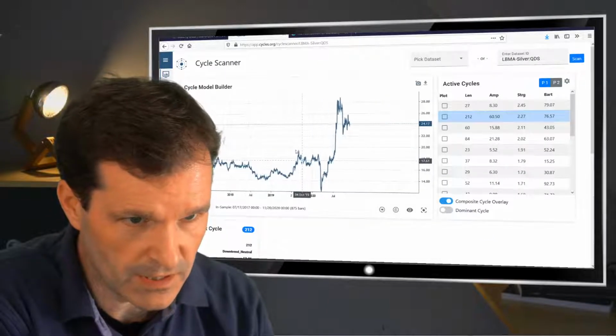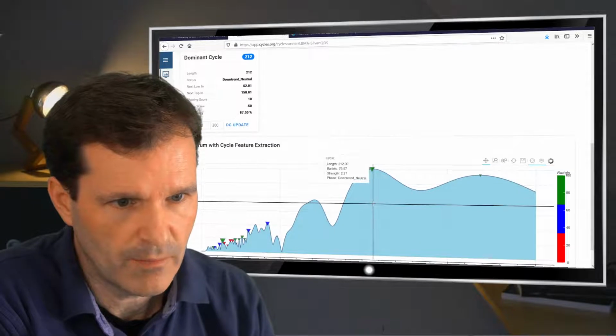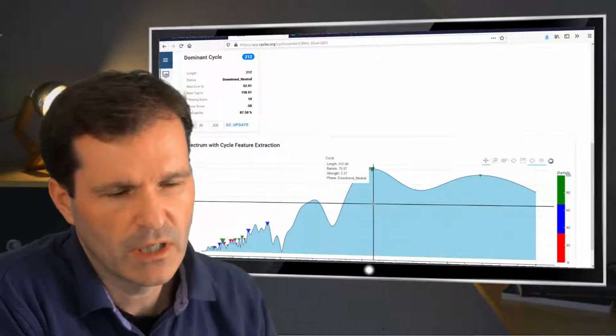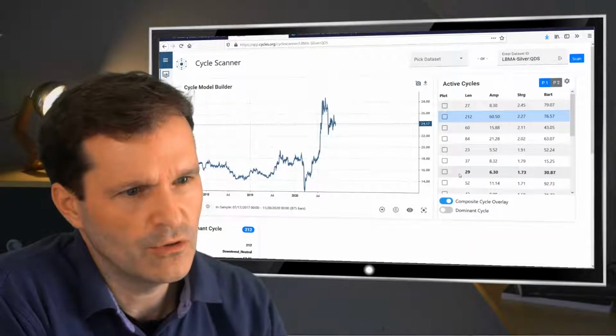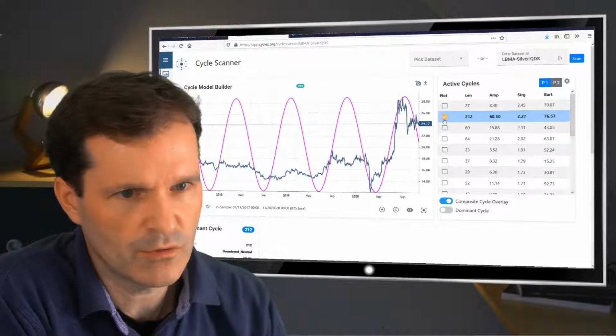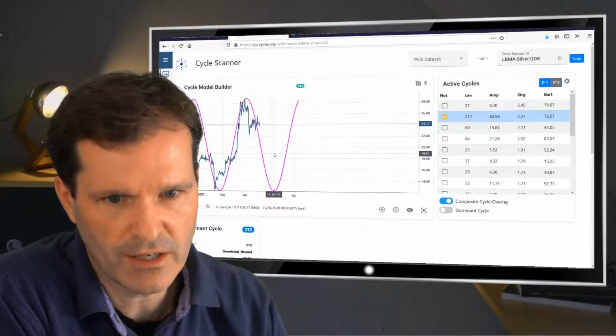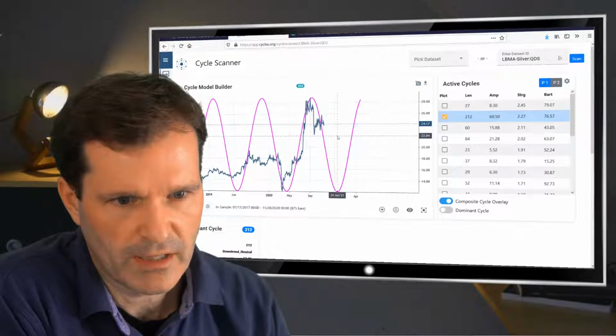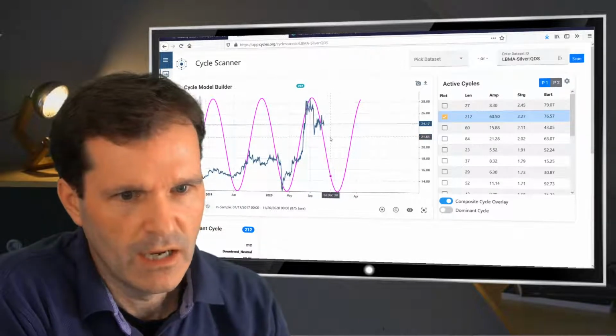So this is silver. Here we have one cycle standing out, the 212, which is similar to the 203 on the other one. So 212. Yeah, there's some room to go. So still in the downtrend, but here maybe the end of the year is approaching.